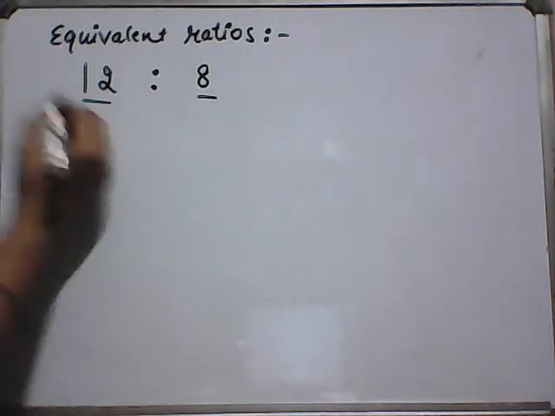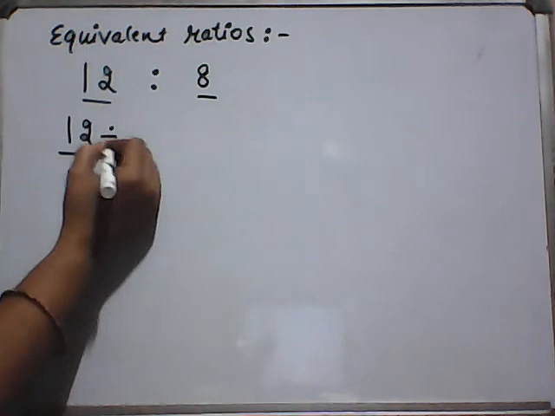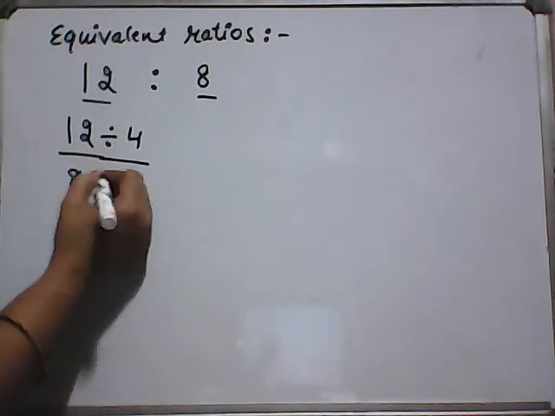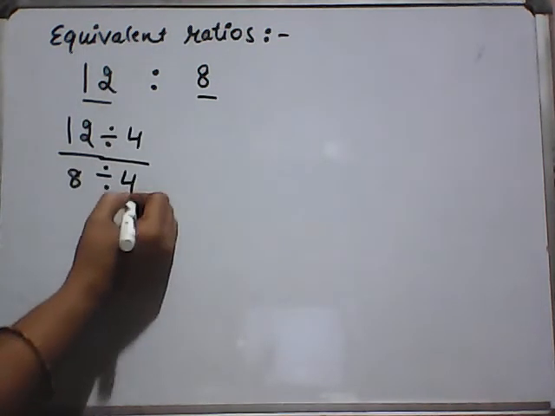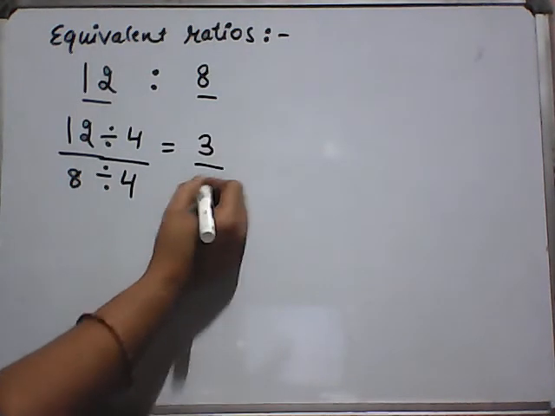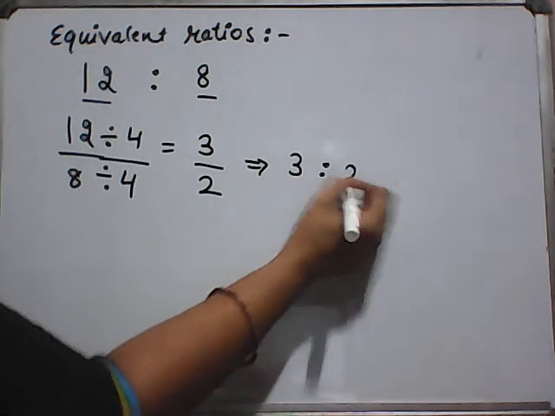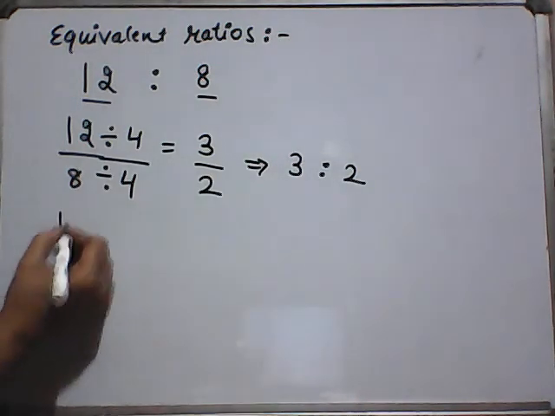For example, suppose 12 divided by 8. If we divide both terms by 4, we divide numerator and the denominator by 4, we obtain 3 divided by 2, or you can say 3 ratio 2. Now, you can also obtain by multiplying.